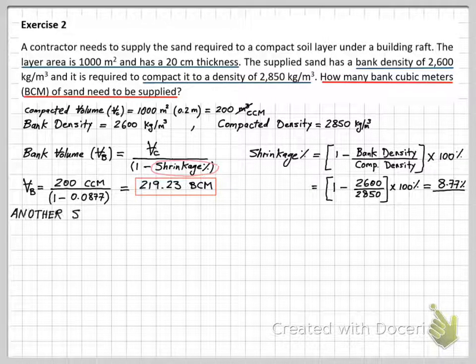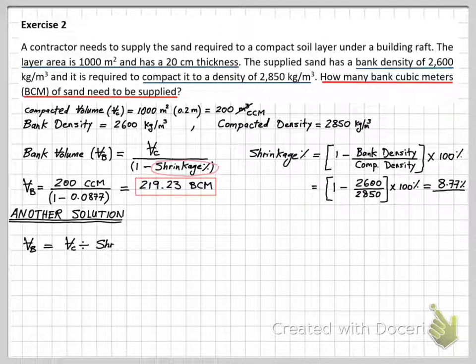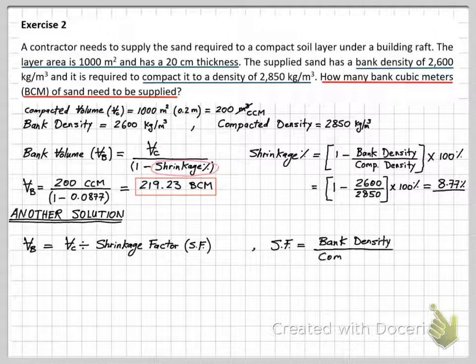Another way of solving this exercise is using the shrinkage factor, so not the shrinkage percentage. So the shrinkage factor, now you can say VB is equal to VC divided by the shrinkage factor. Shrinkage factor is a relationship between bank and compacted density.